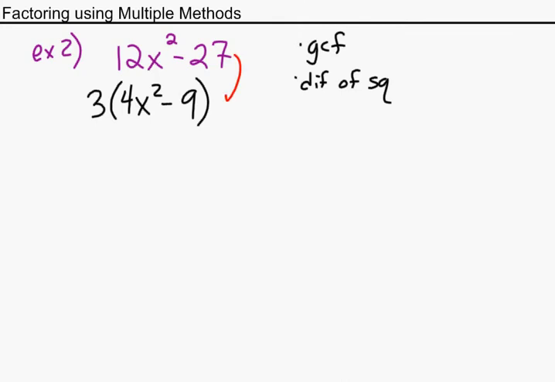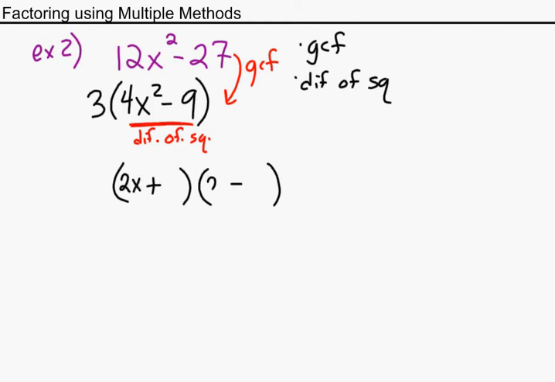So again, GCF comes in handy as the first step to simplify my problem. Then I look at the inside, and I realize right here that now I have difference of squares. So I go backwards, and I pick out those conjugates that I FOILed out in order to get that binomial. One's a plus, one's a minus. I get a 4x squared using a 2x and a 2x.